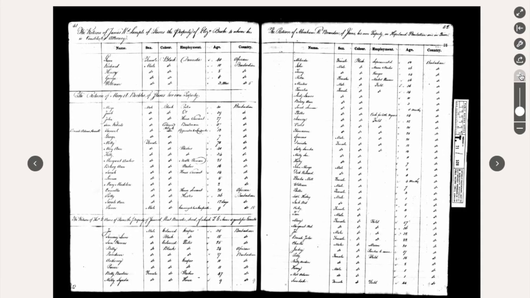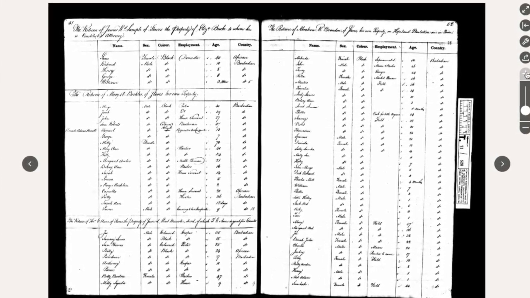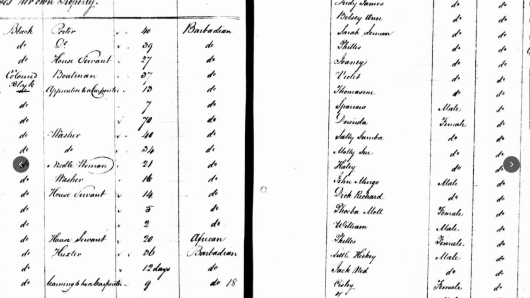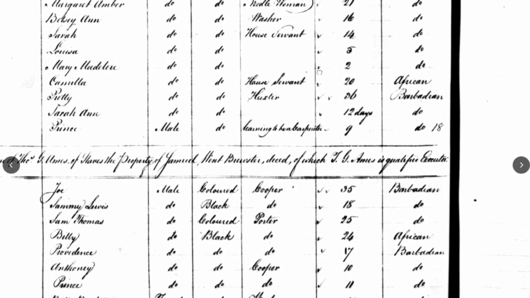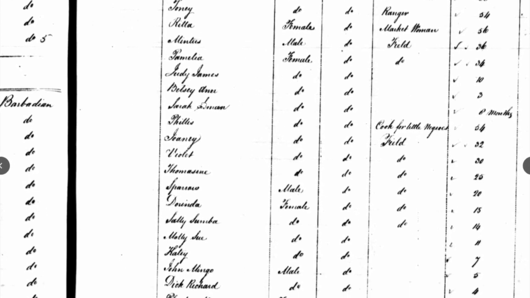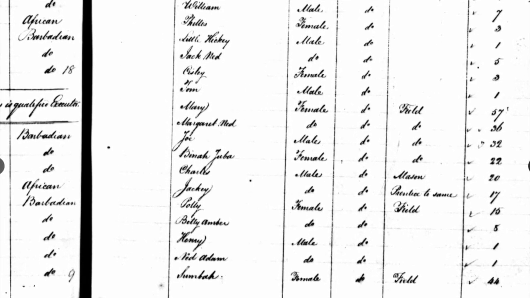Abraham Rodriguez dies in 1831, so we're not going to probably capture him in the 1832 census, and indeed he's not on there. So then we have the tedious job of going through and looking for all the different possible people who might be named James, going down, down, down, onto the next page.